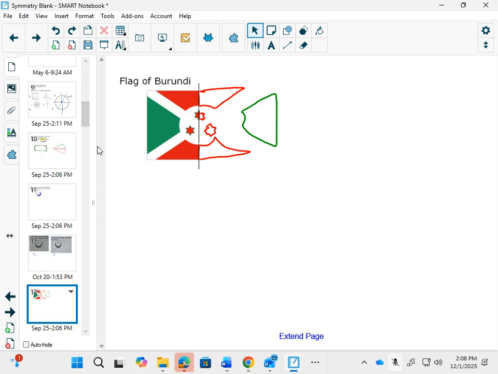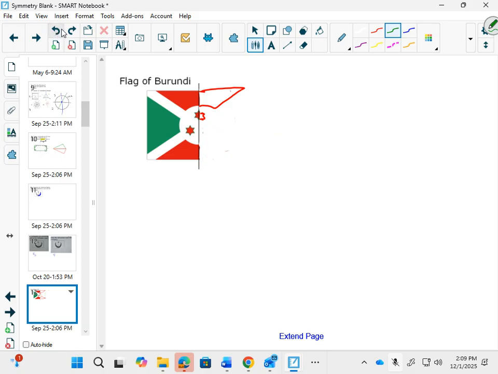I'm thinking this distance, like this part here, maybe should have been a little bit closer. Probably. Okay, we'll undo. There we go.